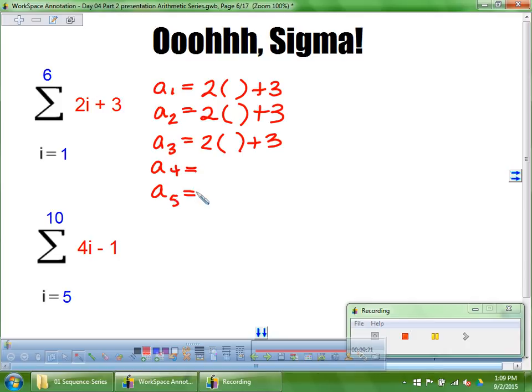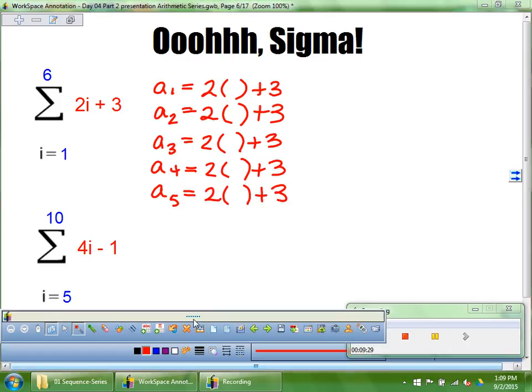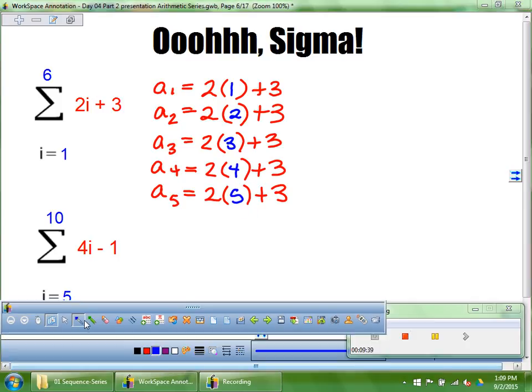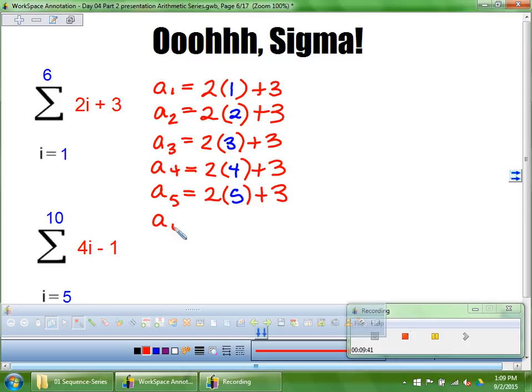You know what? I promised you a clean model, so I'm going to go ahead and do it. All right. So what goes inside of here? First, I'm going to start with a 1, then a 2, then a 3, then a 4, then a 5. I need one more, because I have to get to 6.